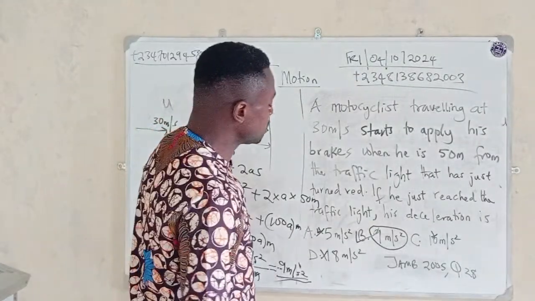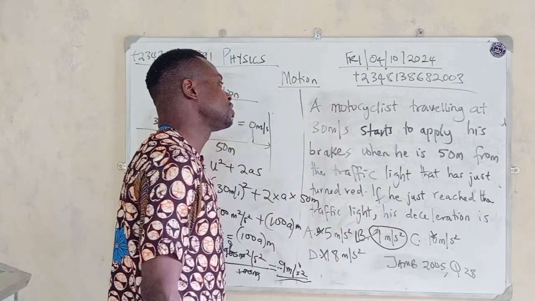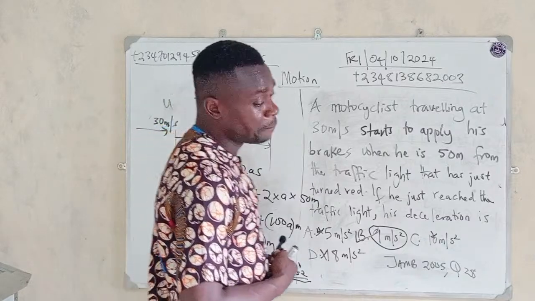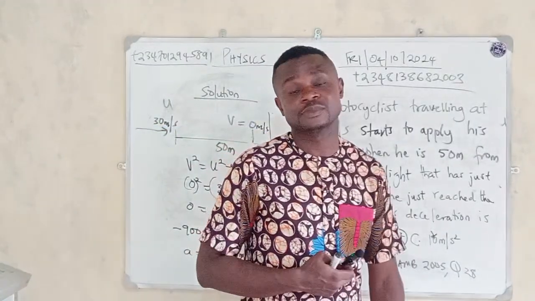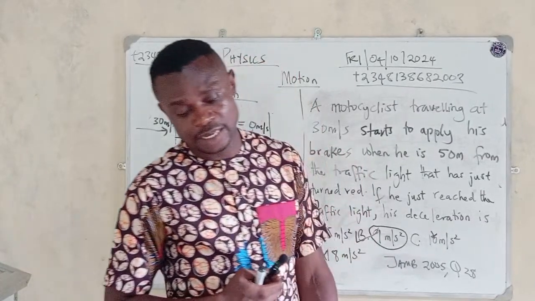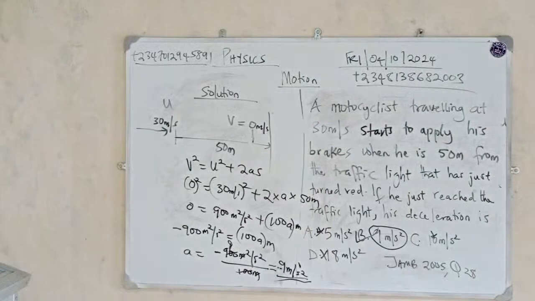So the answer to JAMB Physics 2005 question 28 is B, 9 meters per second squared.